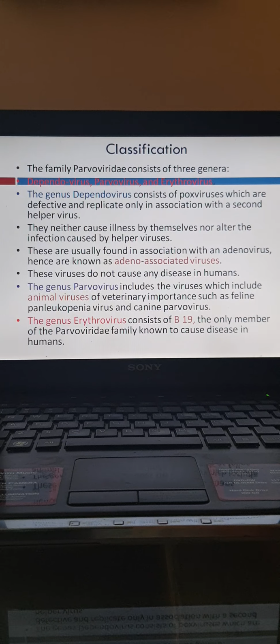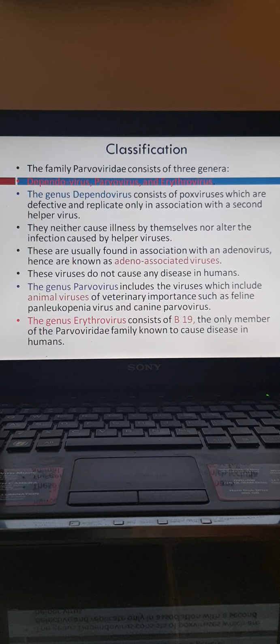It is a defective kind of virus, and it replicates only in association with the second helper virus, and this does not cause illness by itself, nor does it alter the infection which is caused by the helper virus, and it is usually associated with adenovirus. So it is also known as adeno-associated viruses. They are not pathogenic to humans.